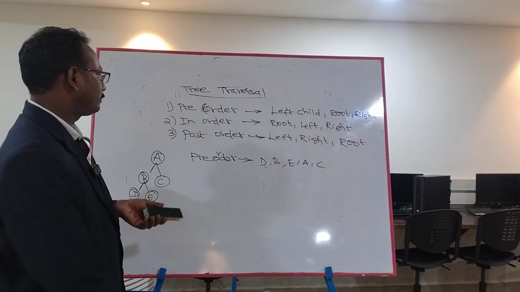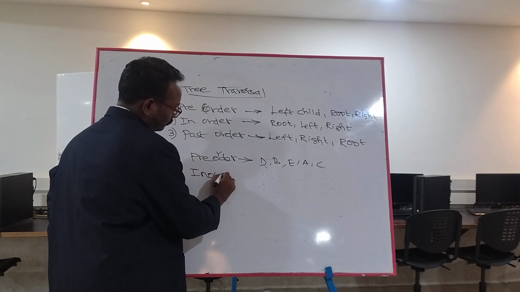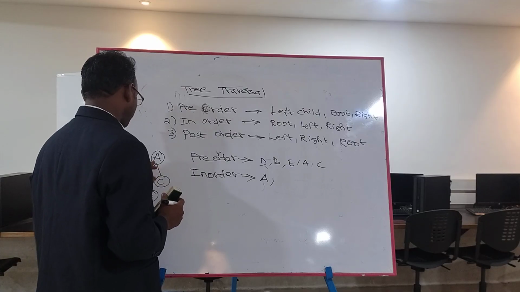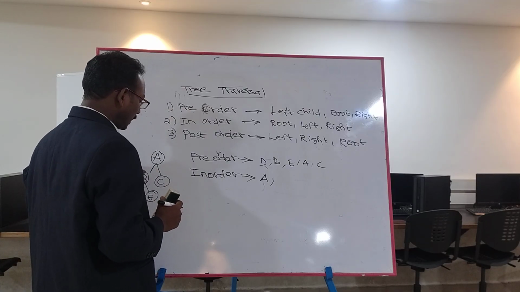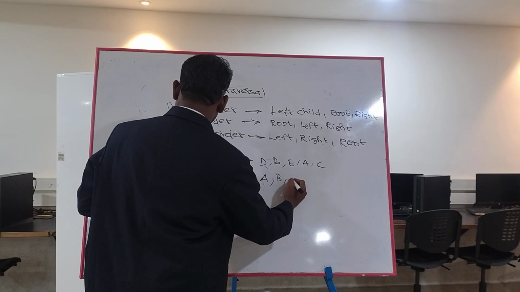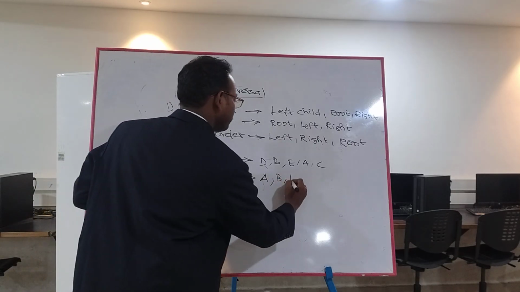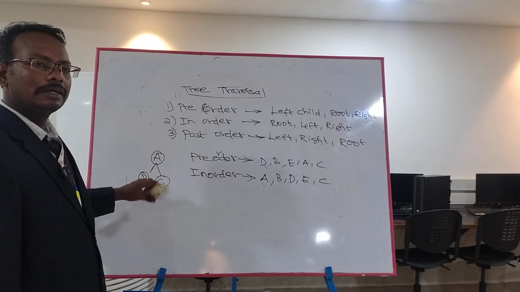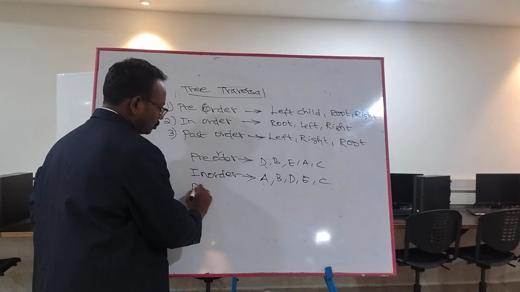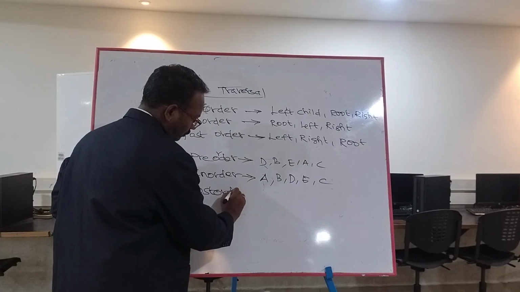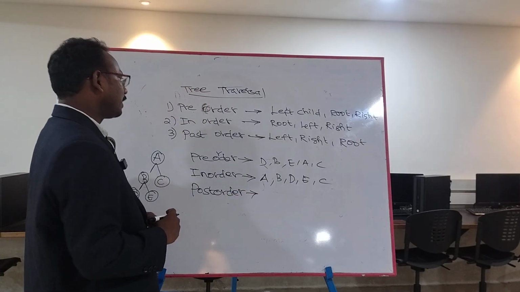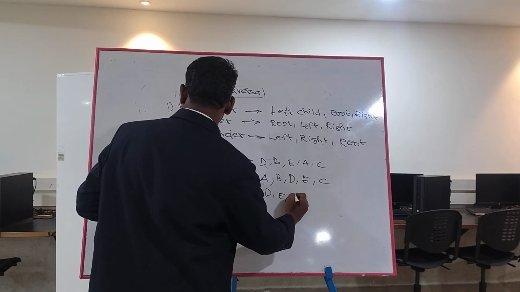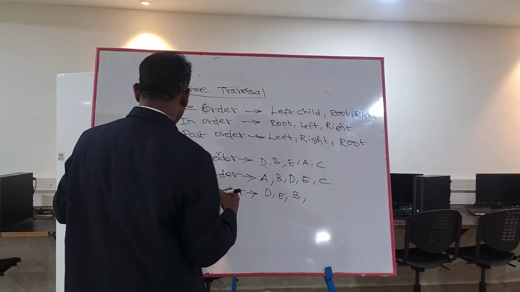For in-order, we visit the root first, therefore A, and then we can go to the left side. The first one is root B, and then the left D, and then E, and then C. This is the order in which we visit in in-order. For post-order, it will visit the left chain, for example D, and then right E, and then B, and then we consider the right.